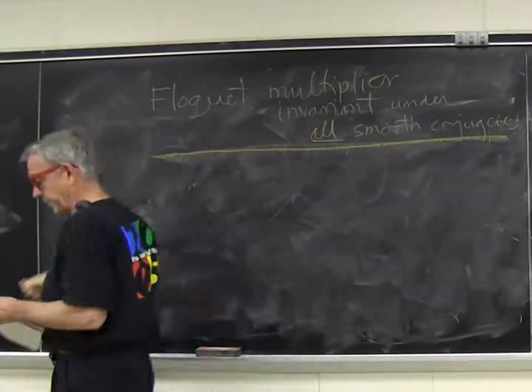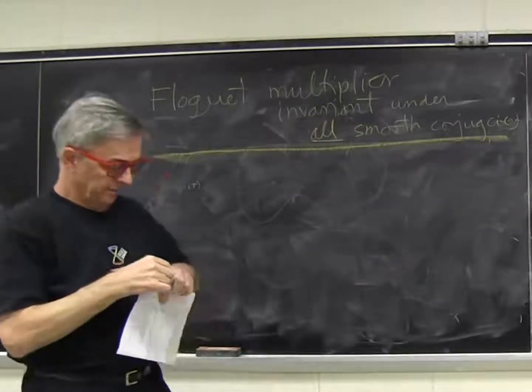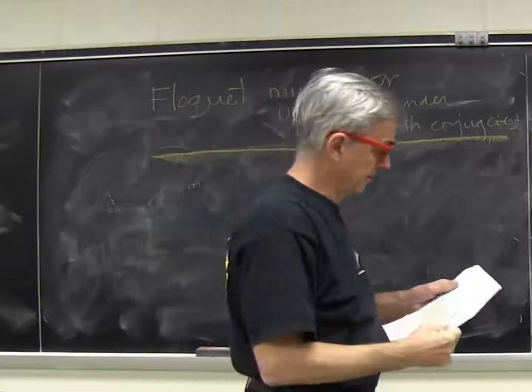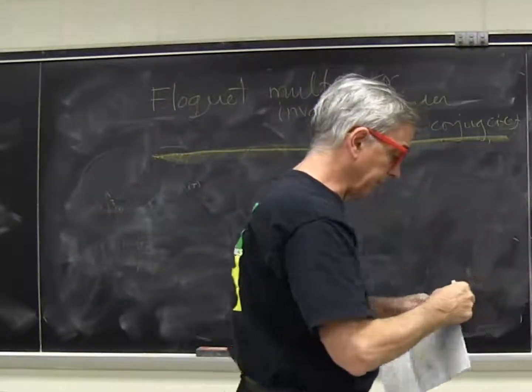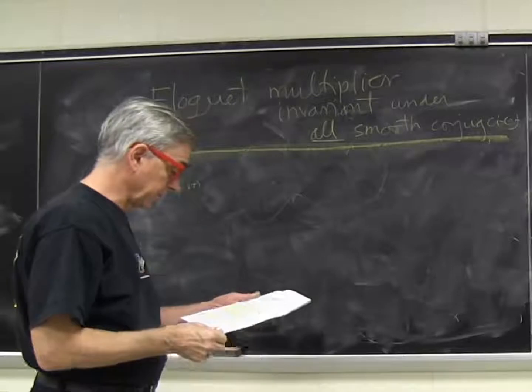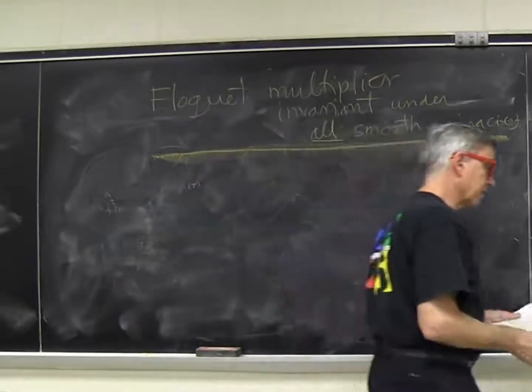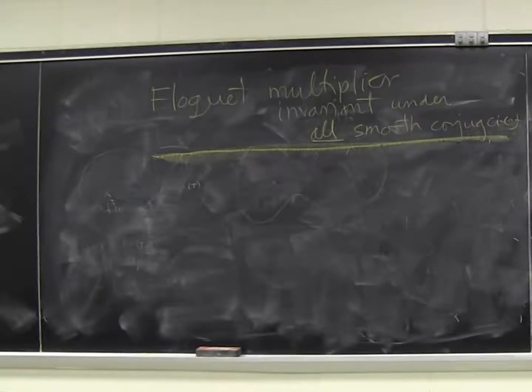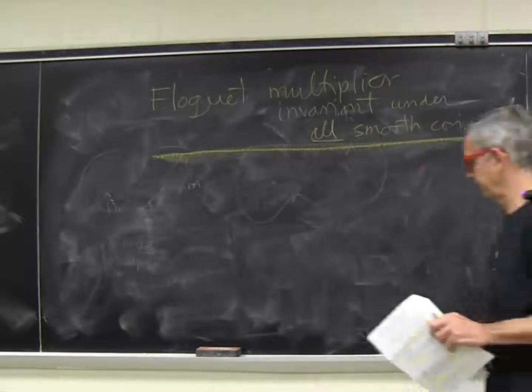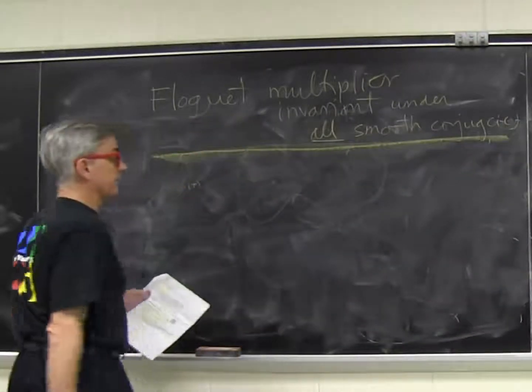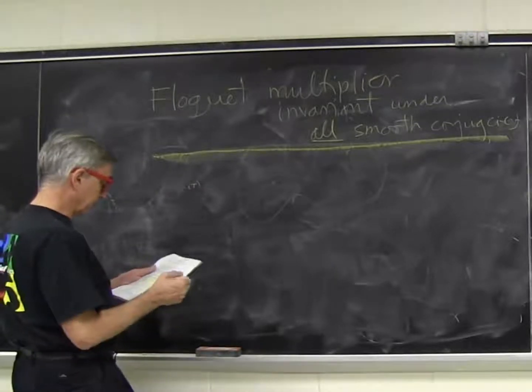Now this is much more ambitious than changing coordinates by rotating them by 45 degrees or going to polar coordinates. This is all possible transformations which are not mutilating the dynamics. They're smooth enough, the dynamics is the same in a different coordinate system.